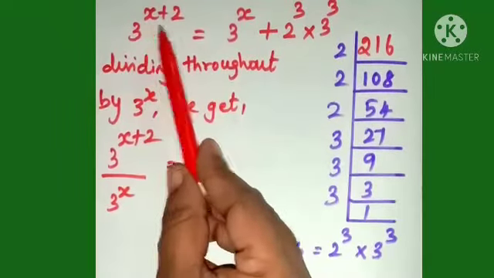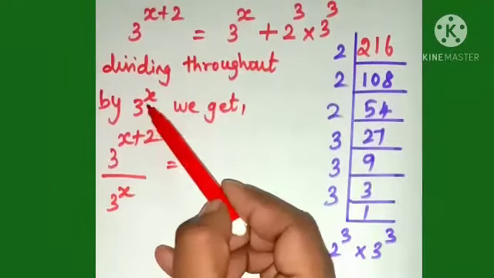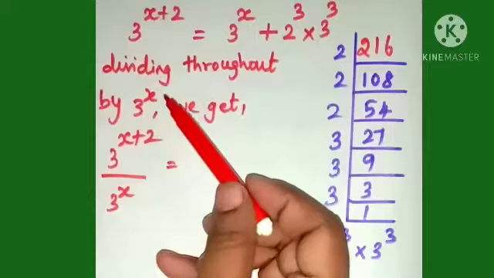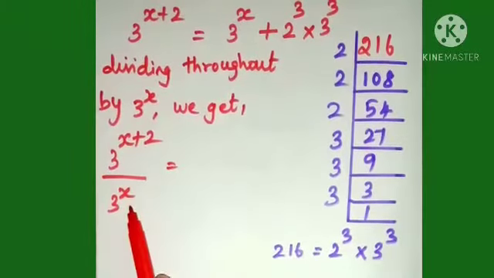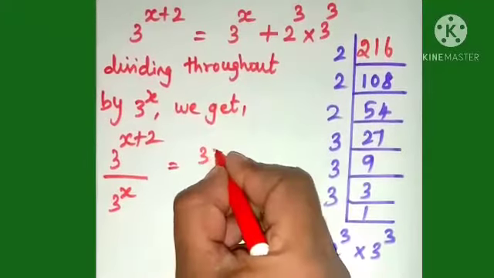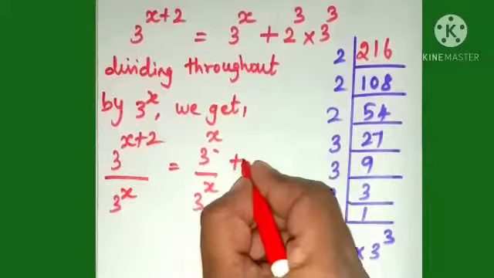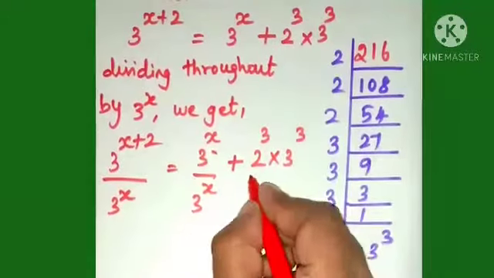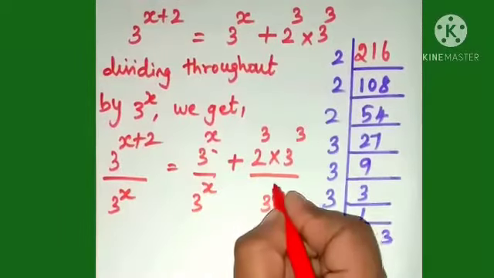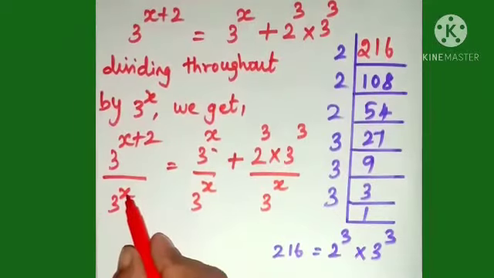Here, to cancel 3 power x, we are dividing by 3 power x on both sides. For simplifying, we get 3 power x plus 2 by 3 power x on the left hand side, and on the right hand side 3 power x by 3 power x plus 2 power 3 into 3 power 3 by 3 power x. We are dividing throughout the exponential equation by 3 power x.